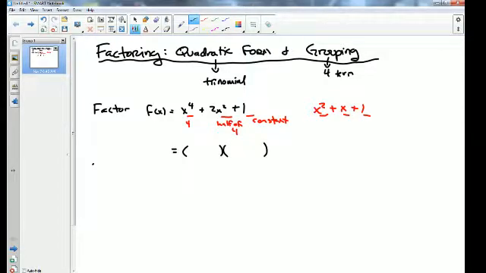What do my first terms have to be to get x to the 4th? Squared now, so you have to pay attention to what you're putting there. And then just like you factor a quadratic, it adds to get that, multiplies to get that.